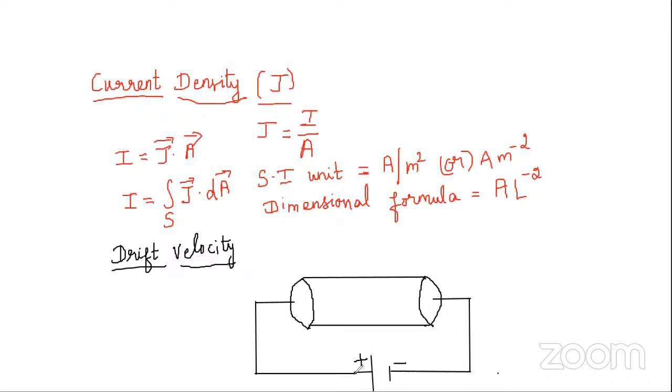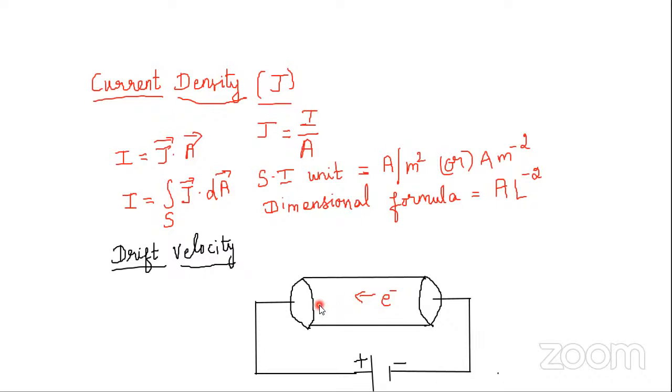Due to the presence of this positive potential, the electrons, since they are negatively charged, start moving in this direction. Why is it so? Because you have a positive potential here at this point. So the free electrons inside the conductor are attracted towards this side.